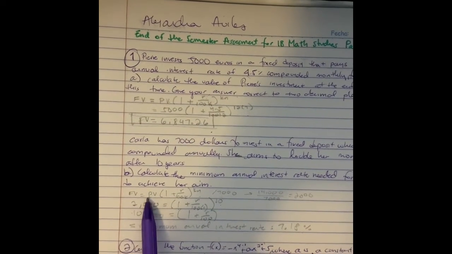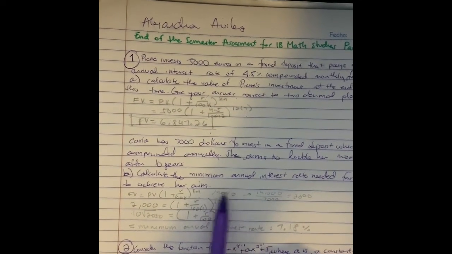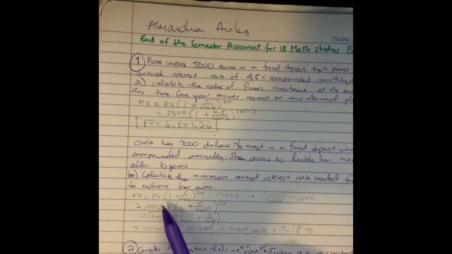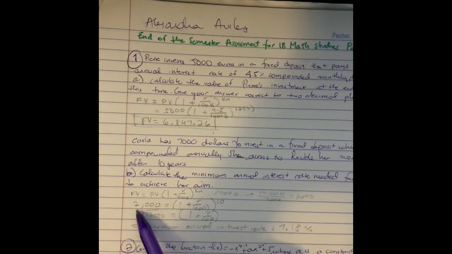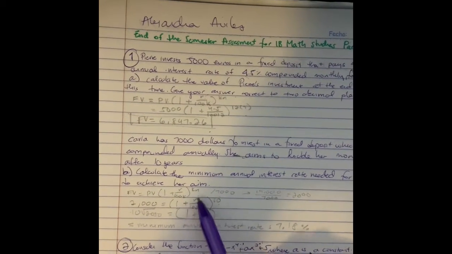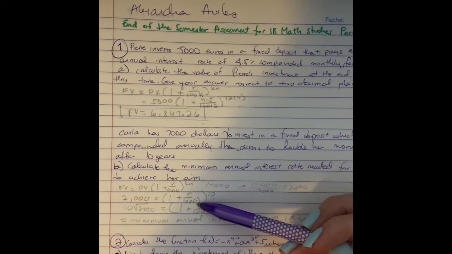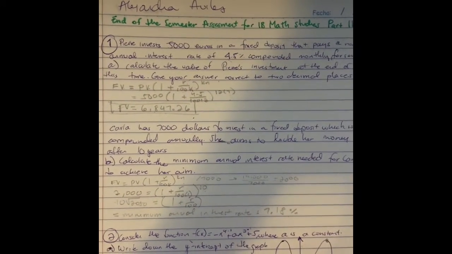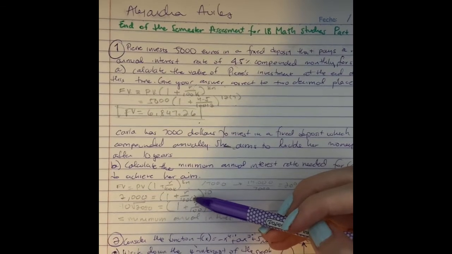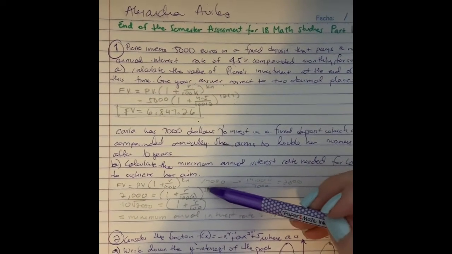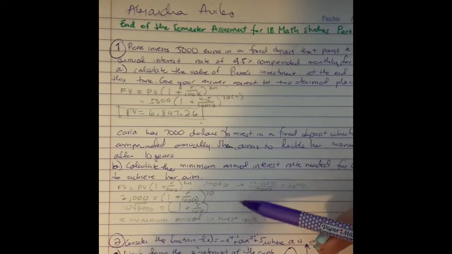So I divided by 7,000, and 14,000 divided by 7,000 is 2. So I end up with 2 equals (1 plus R) to the power of 10, the same thing that we did here. Since it is compounded annually, we just replace K with 1, and the exponent would be 10 times 1, so it would just stay as 10.